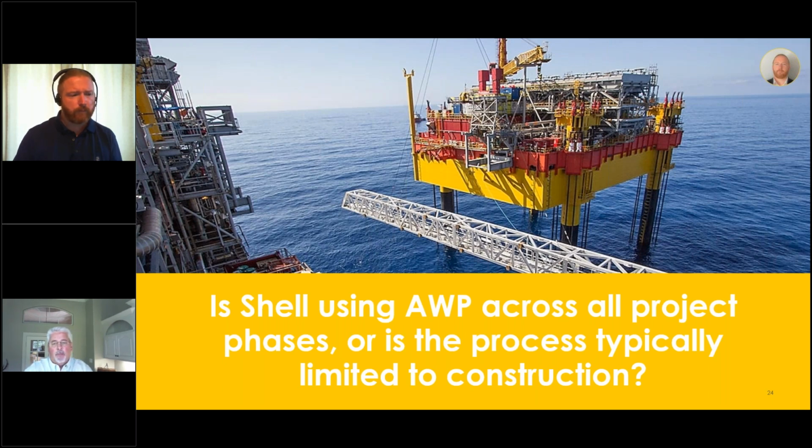For example, we have scalable AWP, we call it, in our smaller portfolio projects, which are led by our asset project teams. There is a quick win on these projects when you implement, and I call it scalable, but really it's the workplace planning constraint management portion of AWP. So when we implement that, there is a fairly quick return because you can quickly see the issues that are in front of them and you're in execute.